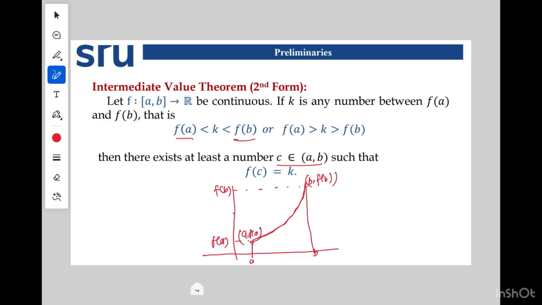Now if k is any number that lies between f(a) and f(b), then corresponding to this k there must exist a point alpha such that f(alpha) = k, and alpha lies between a and b. Okay, so this is another form of the intermediate value theorem.